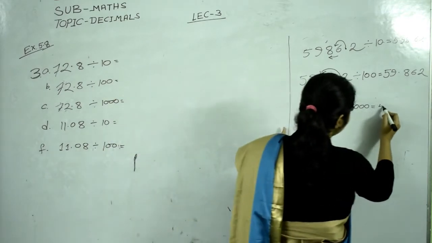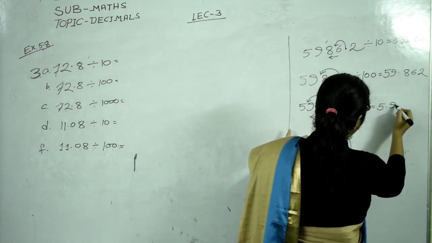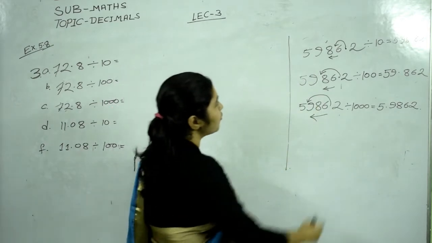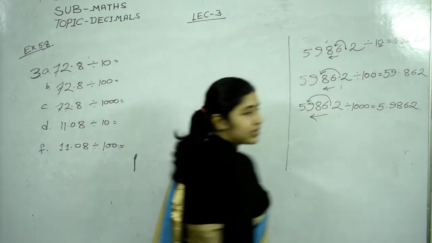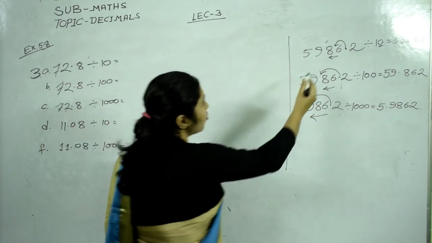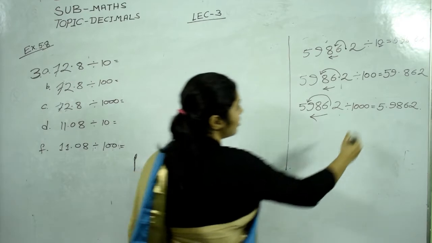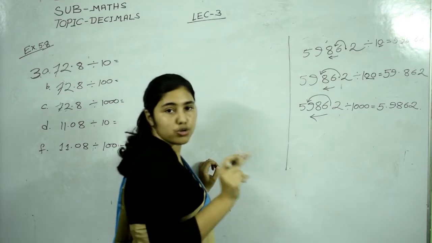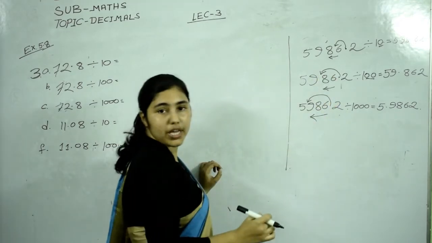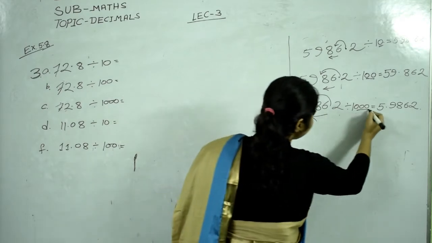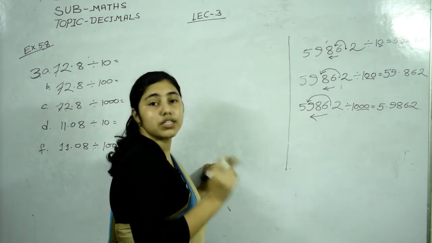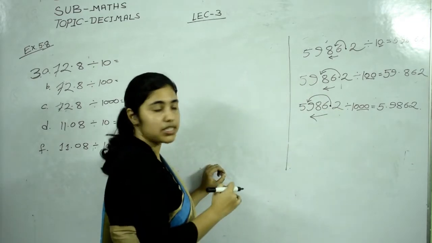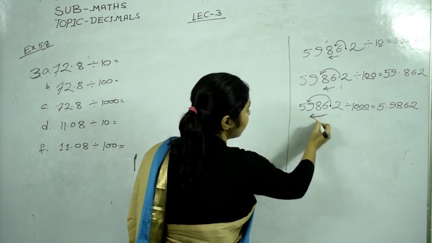Okay. So 5.9862. So if we divide by 10, the point will shift 1 place to the left. If we divide by 100, which means 1 followed by 2 zeros, the point will shift 2 places to the left. If we divide by 1000, which means 1 followed by 3 zeros, the point will shift 3 places to the left.